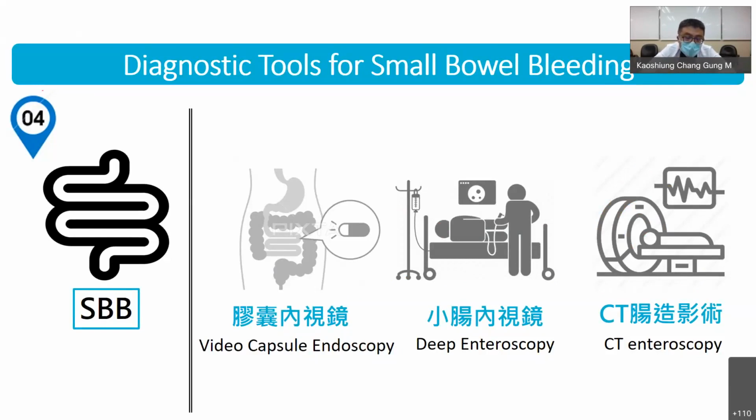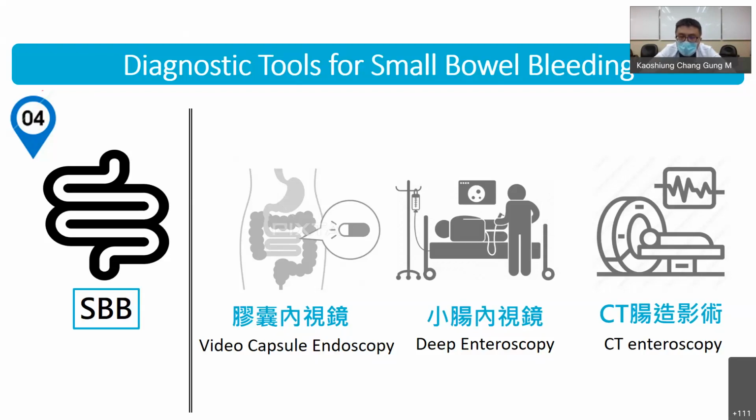Deep endoscopy means small bowel endoscopy, where we put the endoscope into the small intestine, but it's harder than EGD and colonoscopy because deep endoscopy is uncomfortable and more risky, and almost all patients need deep endoscopy under general anesthesia.